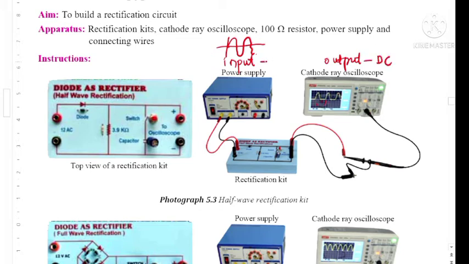Our input is AC. This is AC power supply, or input is AC. Output produce DC. As you can see, the current flow in one direction. But the negative part already missing. Means this circuit just convert half of the wave of alternating current. That's why we call it half-wave rectification.